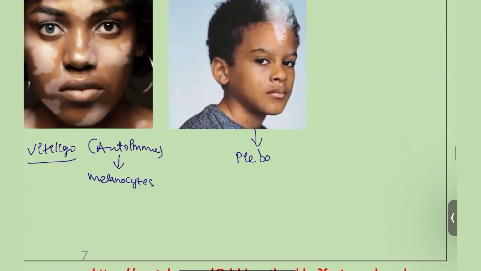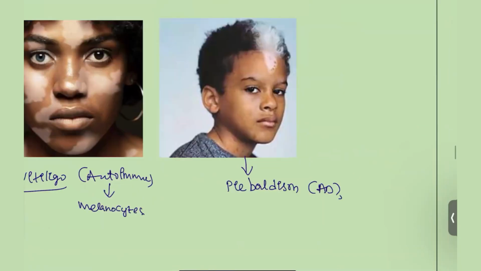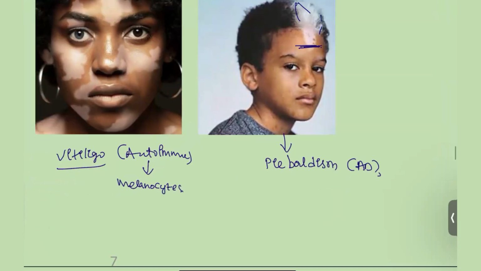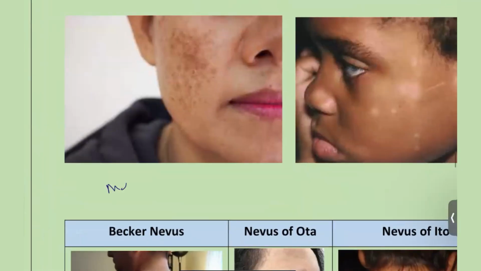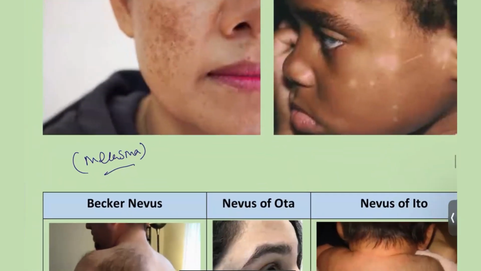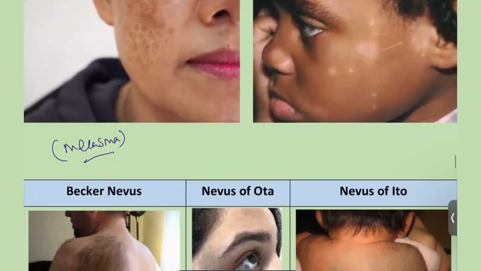Next, this is piebaldism, an autosomal dominant disorder, which most commonly involves remote regions. For example, the temple region, like a T-shape, and the upper hair is involved in this patient. Next, this is melasma, seen in women of reproductive age and OCP users, commonly seen as hypermelanosis in sun-exposed regions.